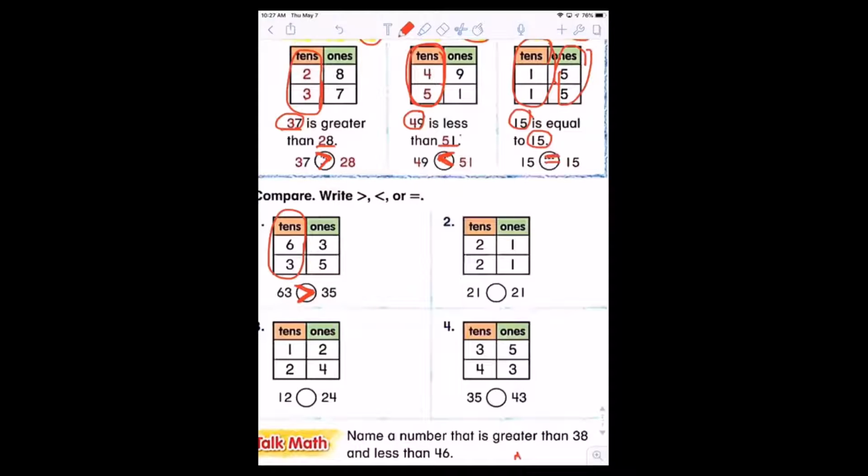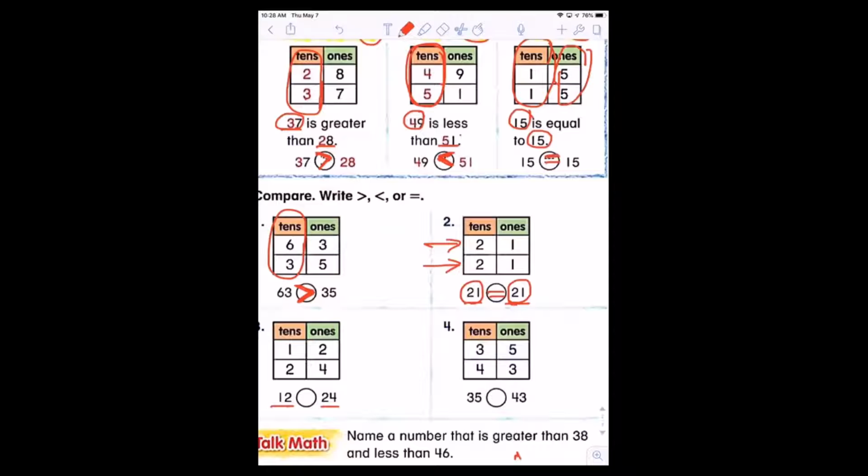Okay. So say it, equal to. Equal to. Because they're the same. You have 21 here and 21 here. Okay, so if it's the same, that's the symbol that you will be writing, Azul, equal. Okay, very good. Now we go on to the next one. Number 3, okay, is 12 greater than, less than, or equal to 24?